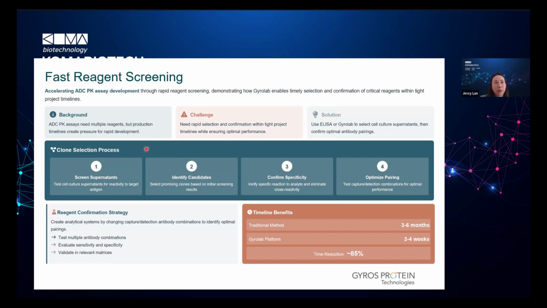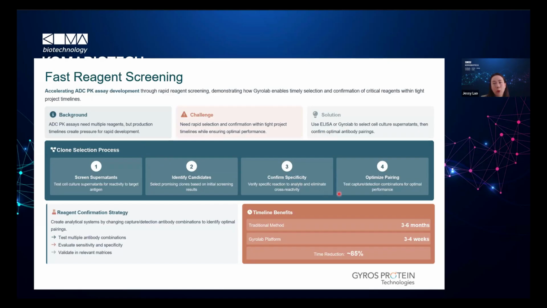Usually we will start with the supernatant screening, then identify the best candidates, and then confirm the specificity, because we don't want to have cross reactivity in different animals or between patients.